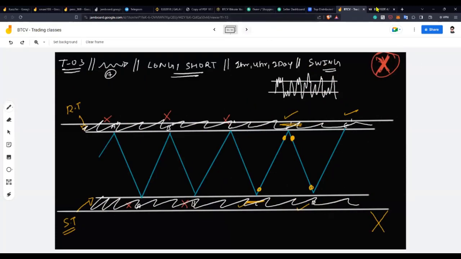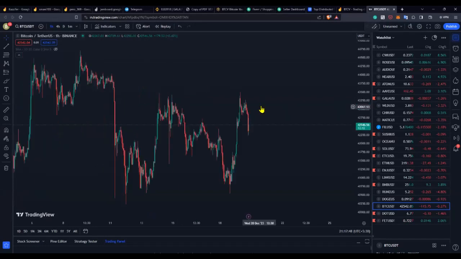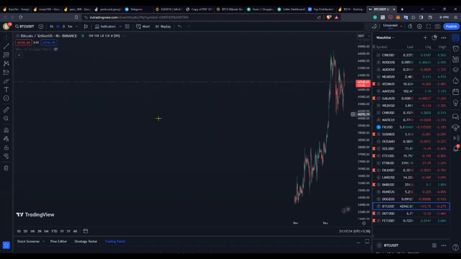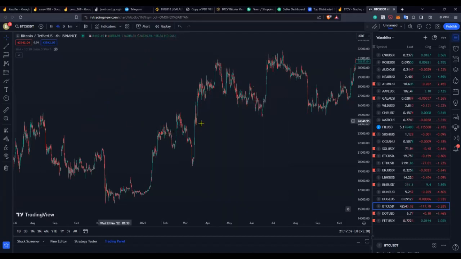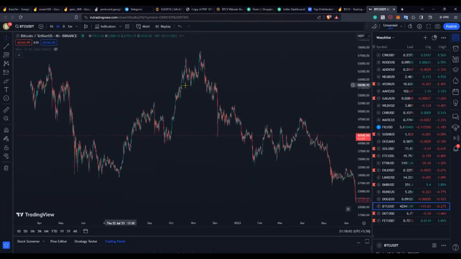If you want an example, of course, we can talk about the example itself. Let's try to find an example. On Bitcoin, I think we don't have that much.